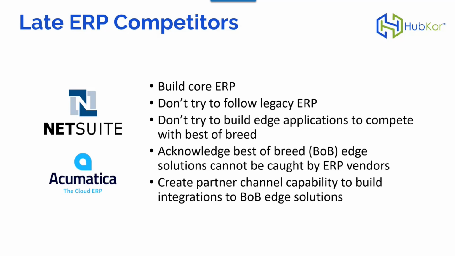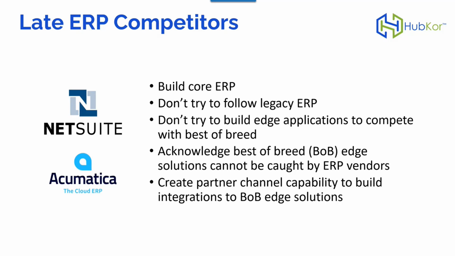Now, the later guys into ERP, we know that SyteLine's been around almost 40 years now, but the new players in the ERP space did not follow that strategy. And I've got a couple up there. There are many more. But NetSuite and Acumatica are two of the bigger players who've hit the market more recently. And they didn't follow that strategy. Okay, they didn't build an enormous, wide, deep, and rich ERP system like we enjoy with SyteLine.